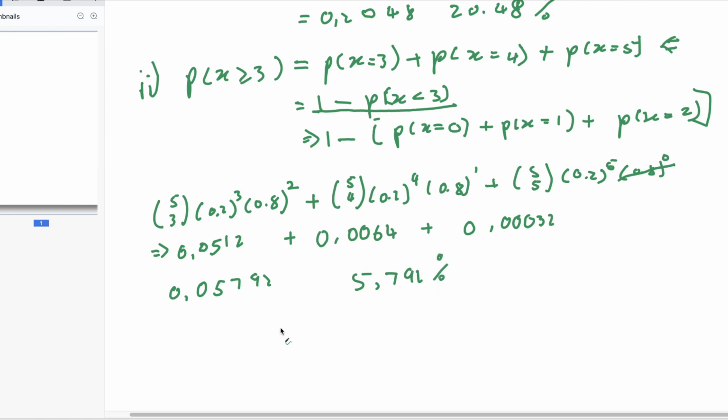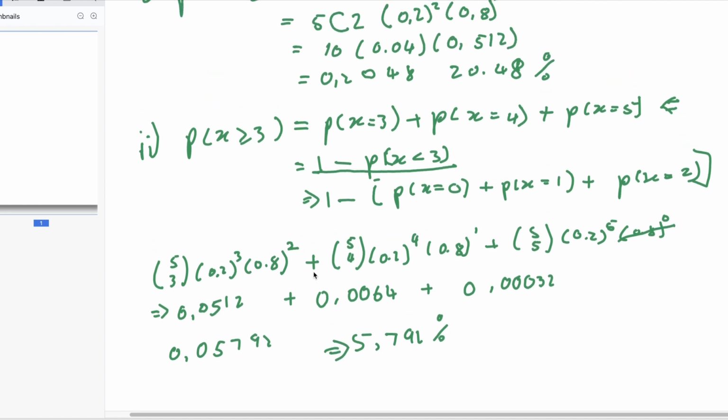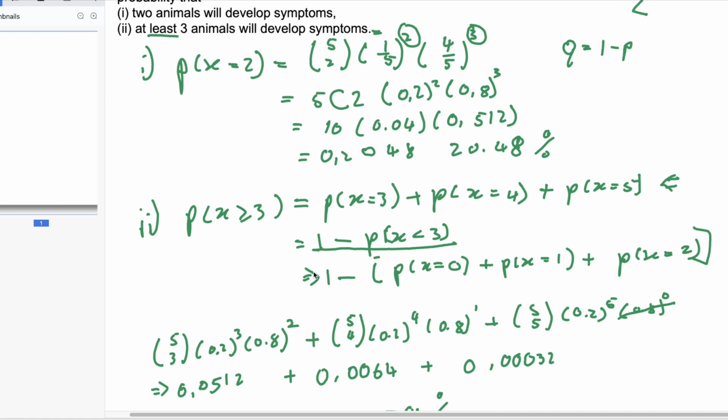Okay, so that's the final answer there. That's the probability of getting 3 or more, or at least 3, who develop the symptom.